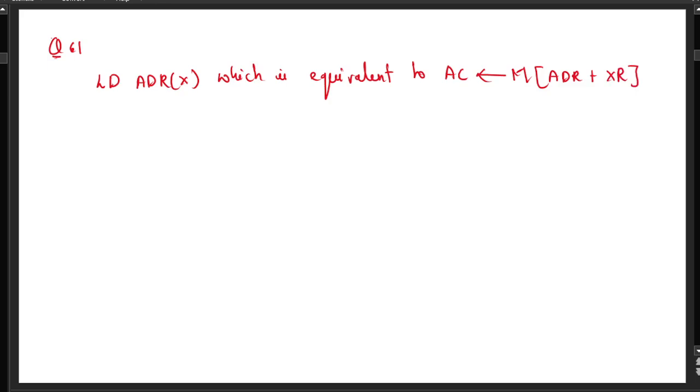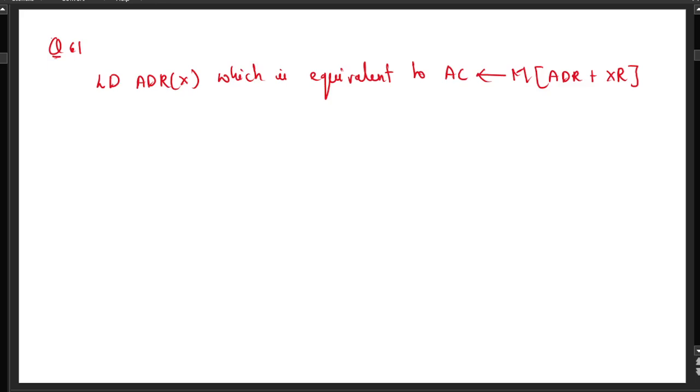So what is index addressing mode? The effective address of the operand is generated by adding a constant value, and the constant value here is ADR, to the contents of the index register, which is XR. And this mode is particularly useful for accessing array elements and iterating through data structures. So that is why we can say that index addressing mode will be the answer.